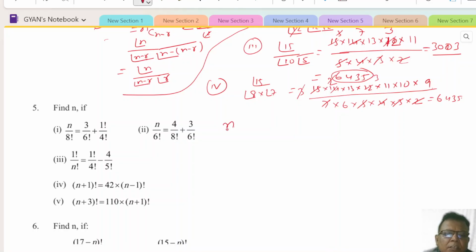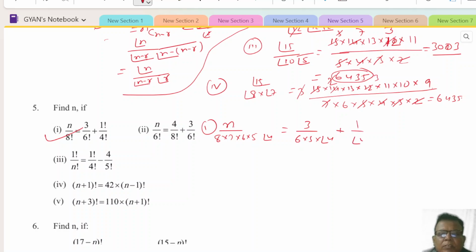So here n divided by 8, 7, 6, 5 into factorial 4. We are solving question number 1, this one. So it can be written here also 6 into 5 into factorial 4 plus 1 by factorial 4.